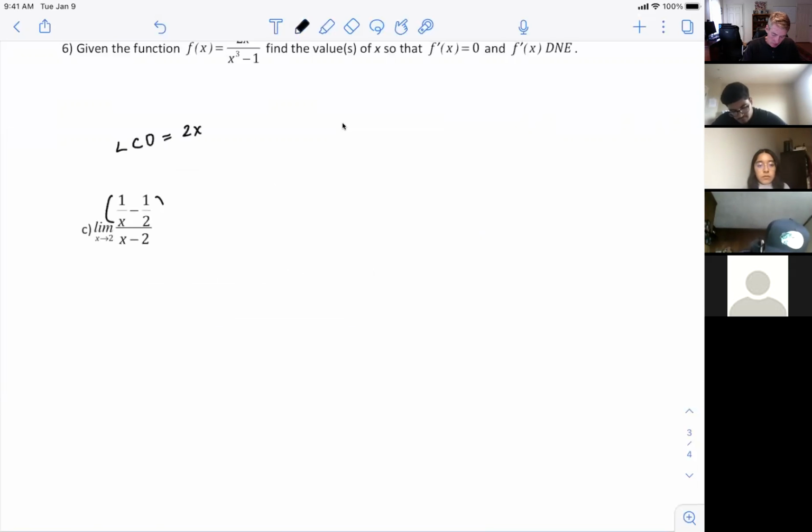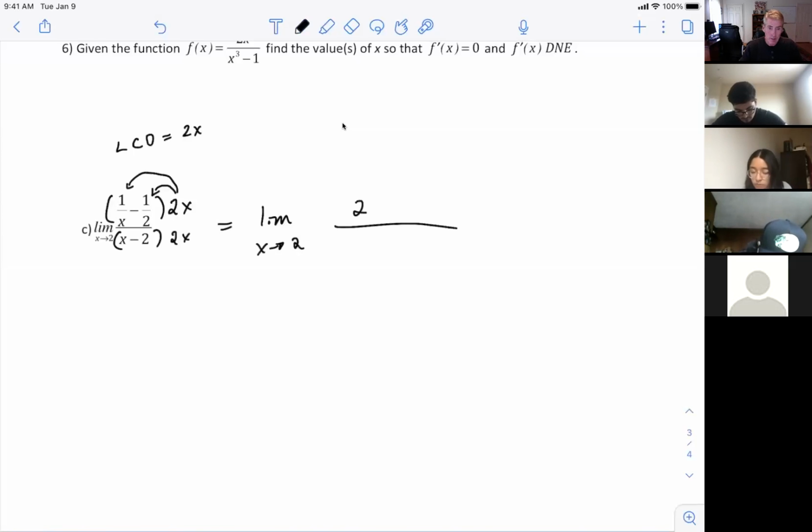So then multiply on the top by 2x and multiply on the bottom by 2x. When you distribute the 2x to the first term, the x's are going to cancel. It's only going to leave a 2. And when you distribute the 2x to the second one, the 2 on the top and the 2 on the bottom will cancel, so it'll leave minus x. And then for the bottom, just copy it down exactly as it was, x minus 2 times a 2x.